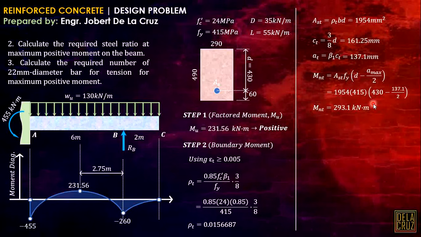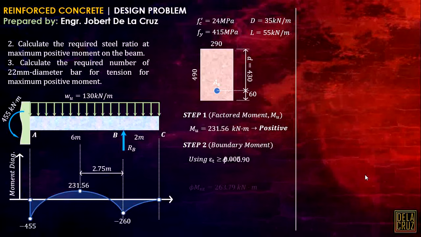Then, we get the design moment. We multiply that by phi, and take note, since this is tension controlled based on our boundary, that will be 0.9. Okay, then phi Mnt is 263.79. Okay, and this is what we compare to the factored moment.